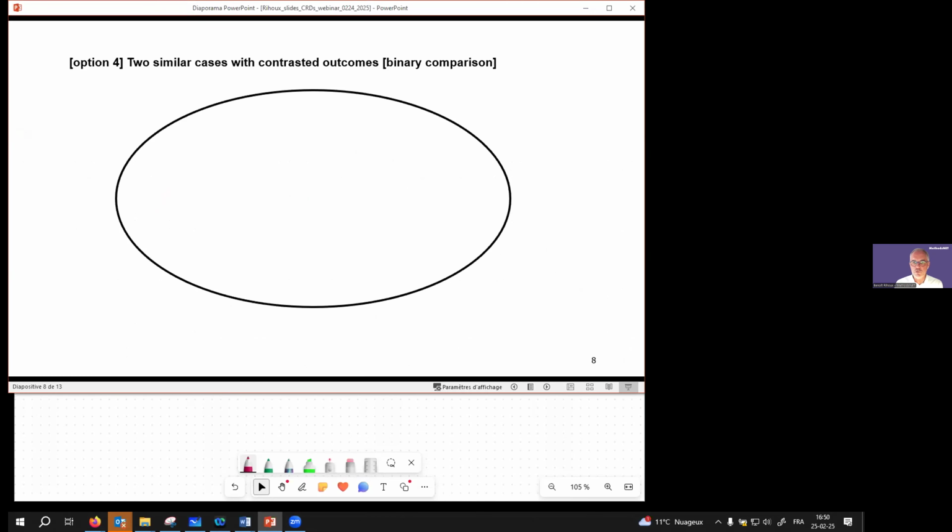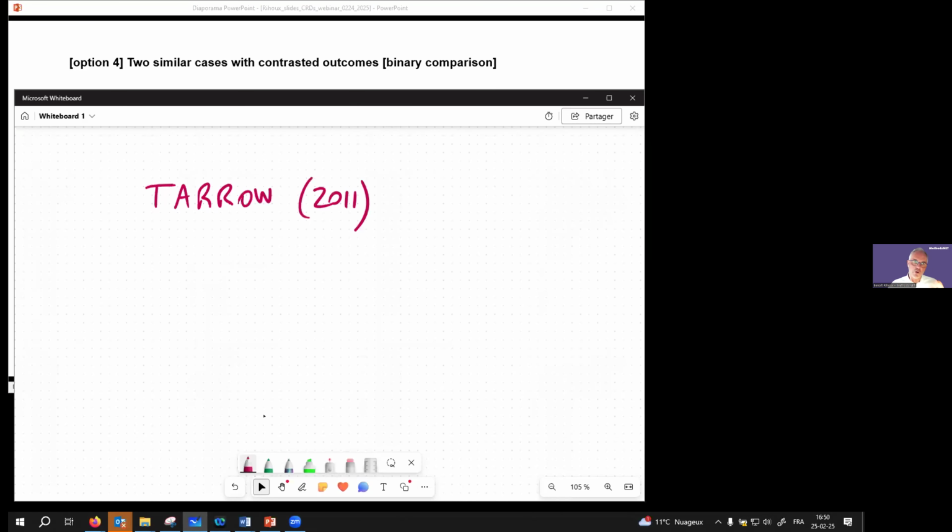It is actually a basic, the smallest n strategy that is an MSDO strategy or option. MS meaning most similar cases, and DO meaning with a different outcome.